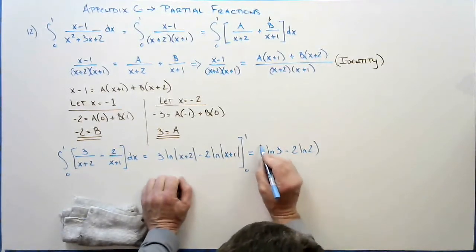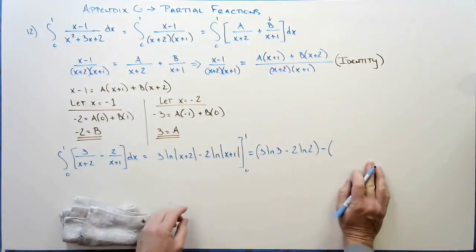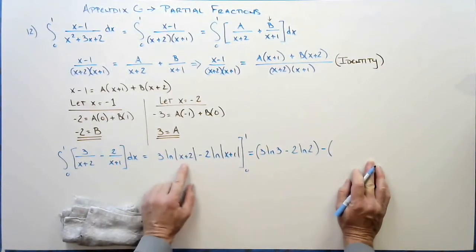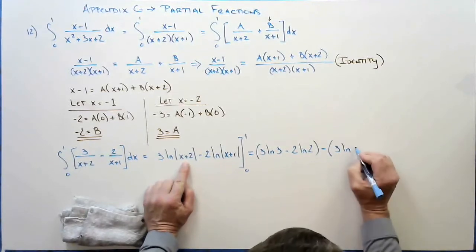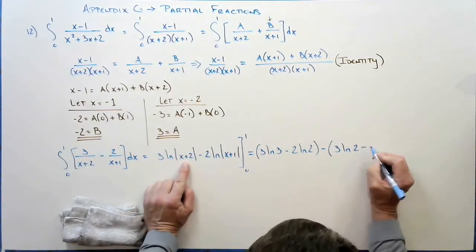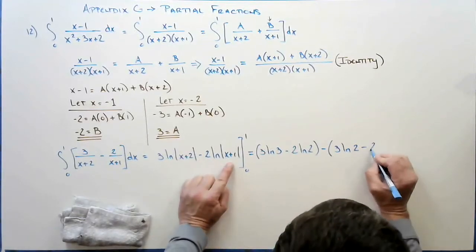Now we have, by the evaluation theorem or the fundamental theorem of calculus, whichever way your book puts it out there, we're going to plug a 0 in here and we're going to have 3 ln of 2 minus 2 ln of 1.